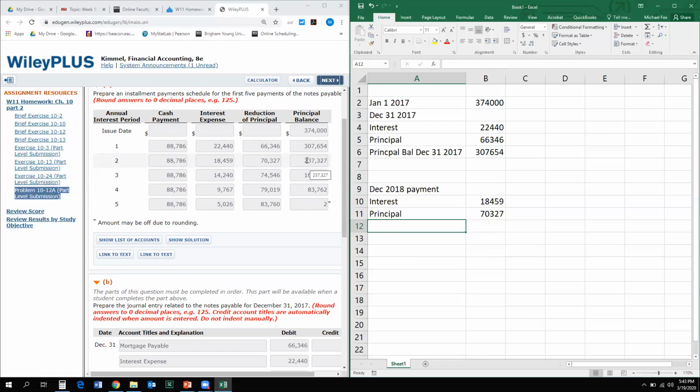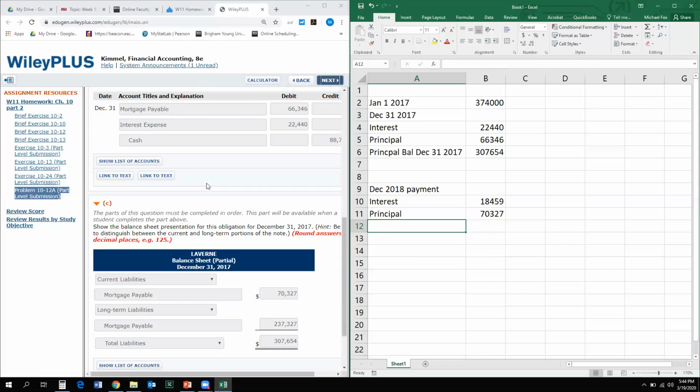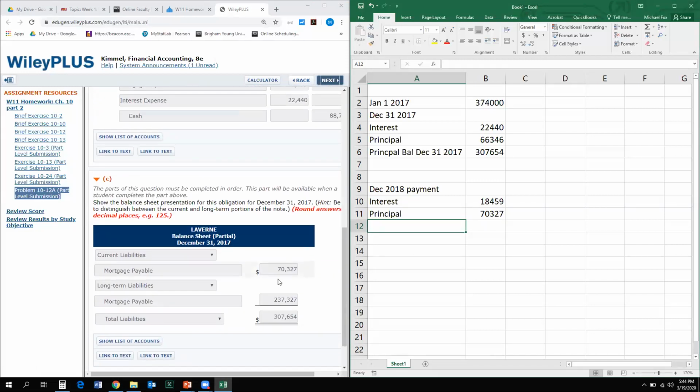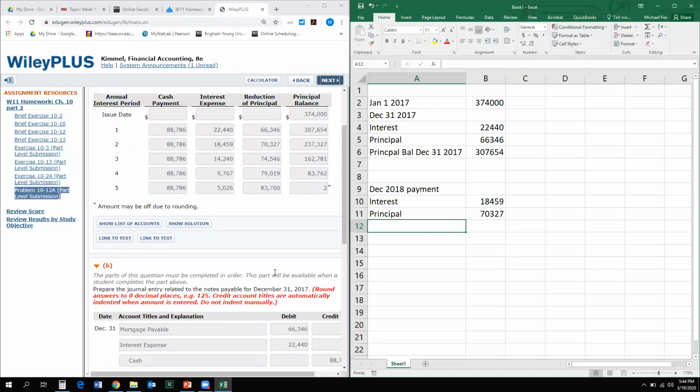So in essence, what we have to do for 2018 is break down what portion of this 307,654 has to be paid in the next year, which will be the principal payment on the note this next year, and then what portion will be long-term, which is the amount that's going to be carried forward into future years.